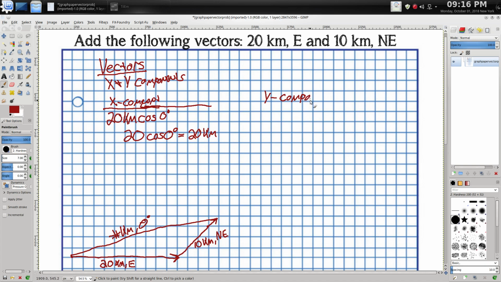X component, y component. Now, what that means is you take the same vector that you had, which is 20 kilometers east. Since it is east, remember that the degree is 0. So instead of using cosine again, for the y component, we're going to use sine.